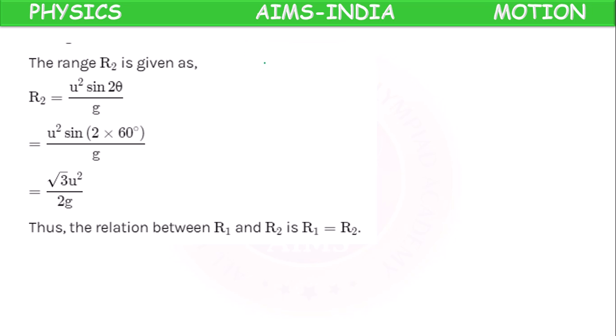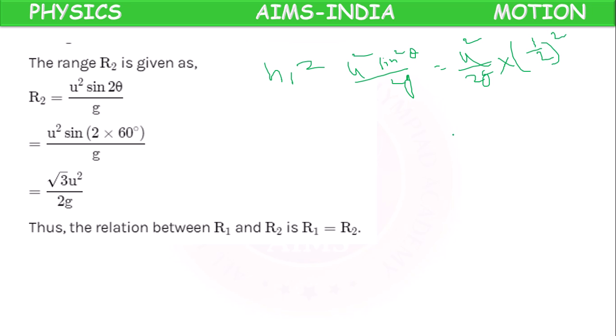So h1 equals u square sine square theta by 2g, which is equal to u square by 2g into sine 30 degrees whole square. Sine 30 degrees is 1 by 2, so 1 by 2 whole square gives u square by 2g into 1 by 4.